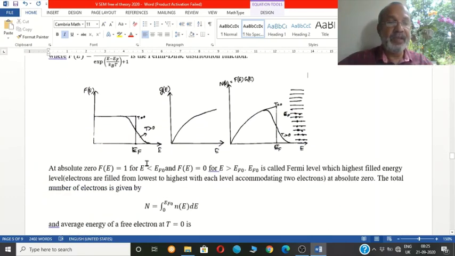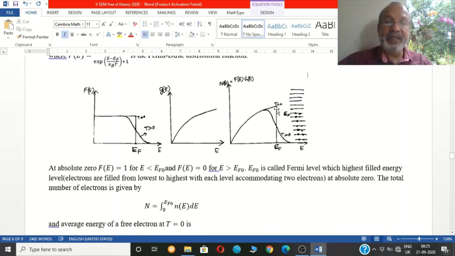So the F(E) graph is this, and the G(E) graph is this. If you multiply these two graphs, you get a graph like this. From here to here, the value of the function is 1, so it is multiplied by 1, and we get the same graph, because multiplication by 1 doesn't change anything.